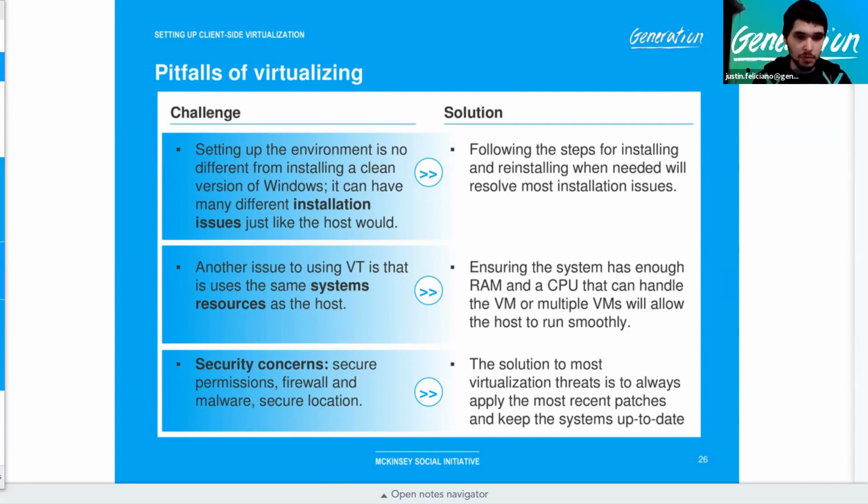And also, when you're working with viruses and testing out new stuff in the virtual machine, you want to make sure it is isolated and sandboxed. Otherwise, it can potentially leak out into the regular world, and that's where problems happen.